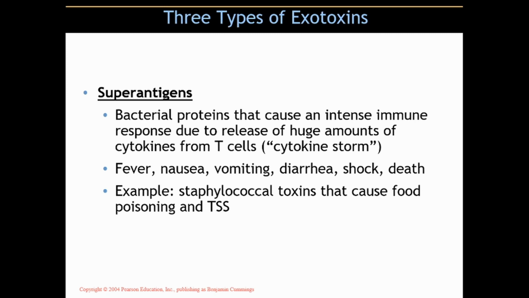Superantigens. Sounds impressive. Bacterial proteins that cause an intense immune response due to release of huge amounts of cytokines from T cells, which are in specific immunity, a chapter that I will cover later. And as a result of this huge release of cytokines, we call that a cytokine storm.